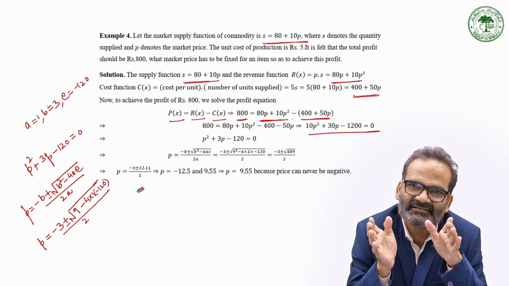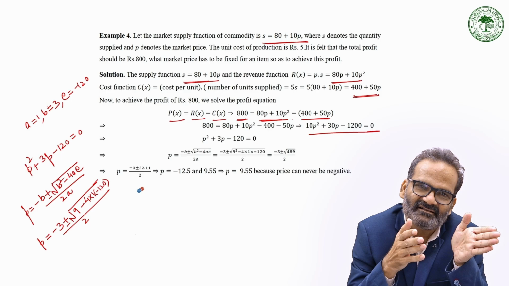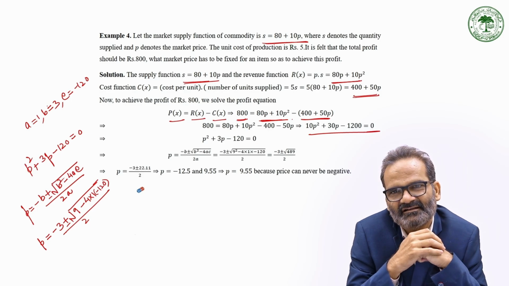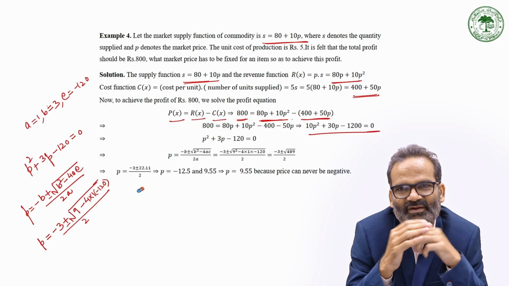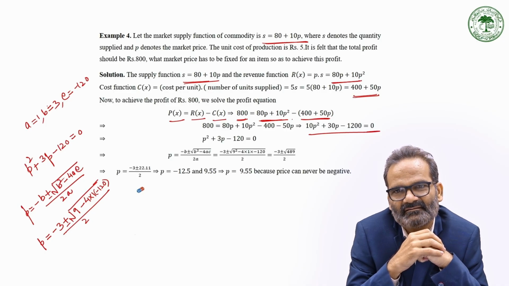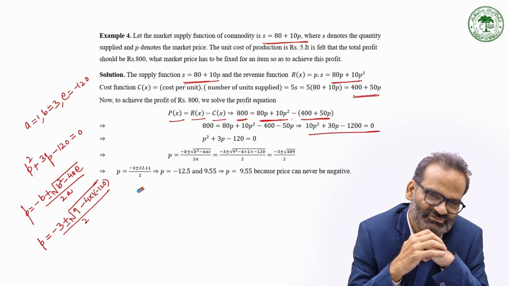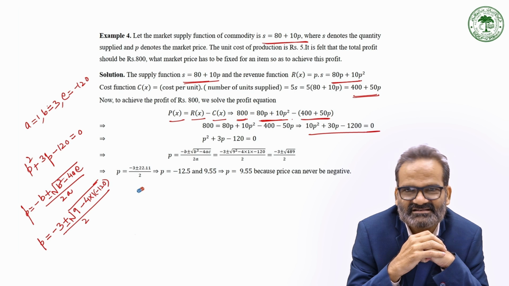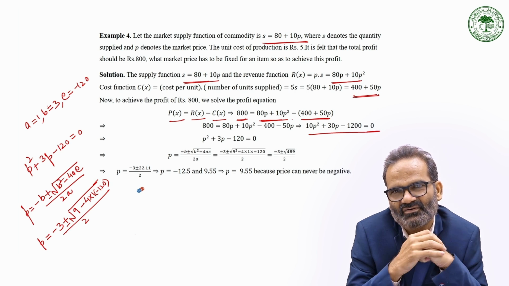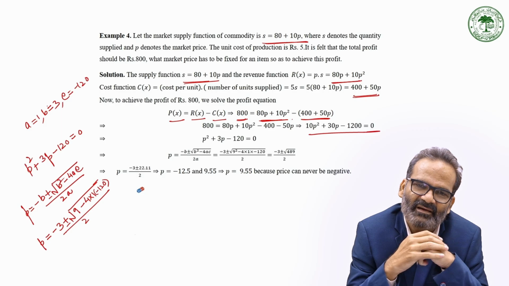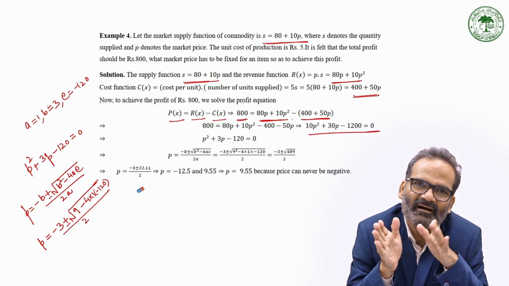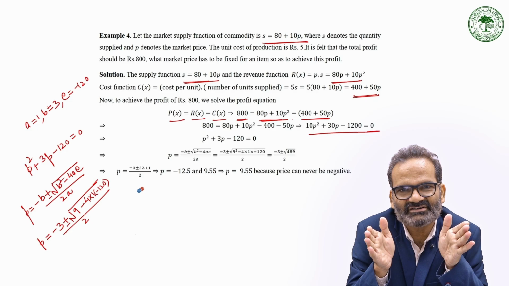And the third case, if the revenue function is there and the cost function is there, if you take the difference of these two for any form, that is known as the profit function. And the profit function should also be maximized, and for maximization of any profit function, we should use the same approach as we use to find out the maxima and minima of a general function.